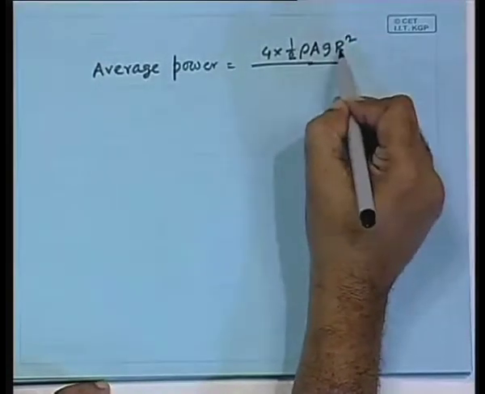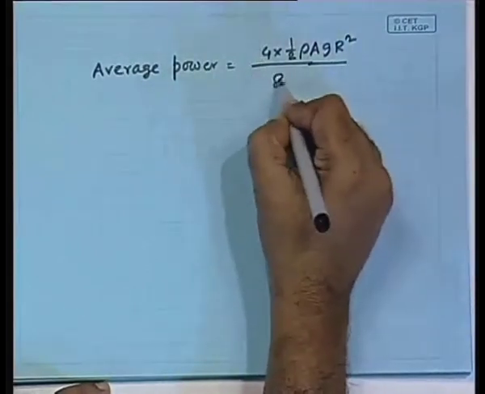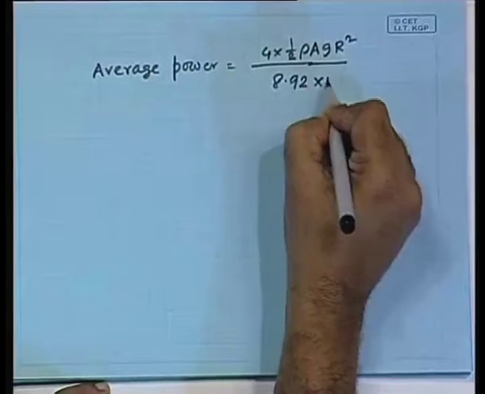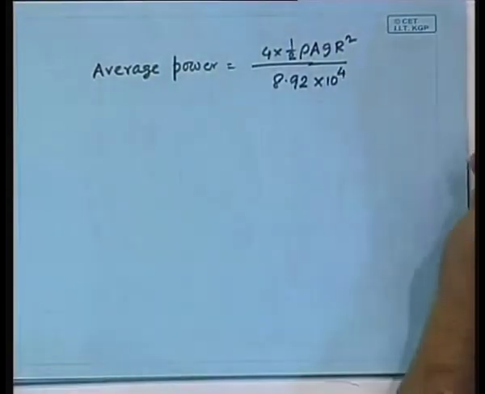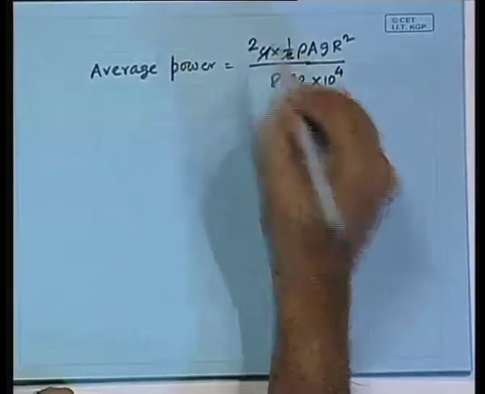Okay, this is the amount of energy available. It was available 4 times within a time. Now, this of course cancels off, gets 2.